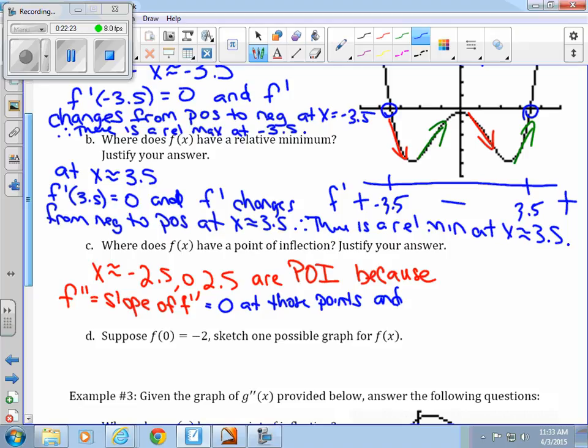And the slope, you can either say the slope of f prime or you can say f double prime. I've already defined that I know those two things are the exact same thing. So you can use either wording there. Does that make sense? When I wrote this down, I let the AP reader know I knew what I was doing. Right?